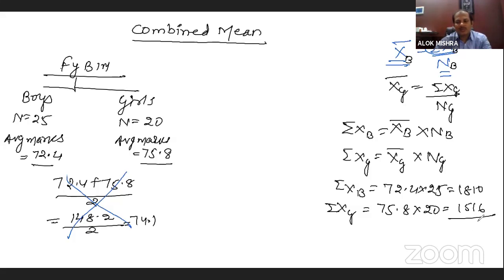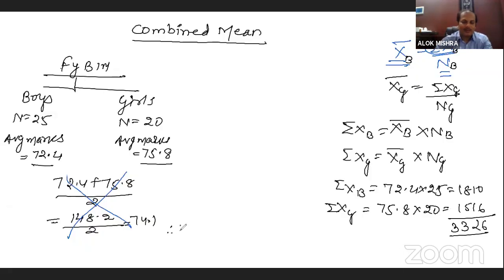So what is the total marks scored by taking boys and girls together? 3326, isn't it?